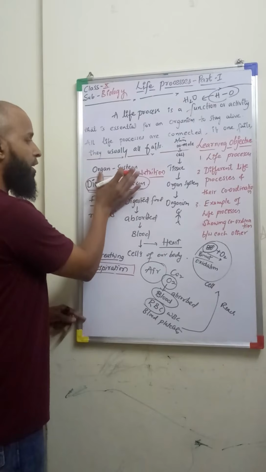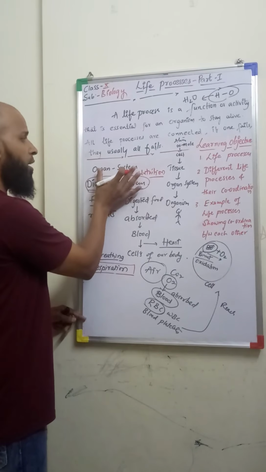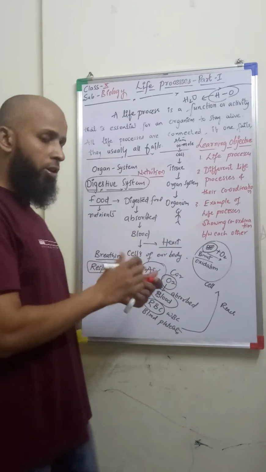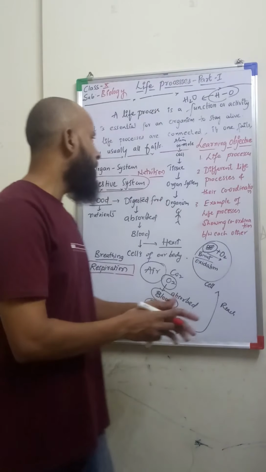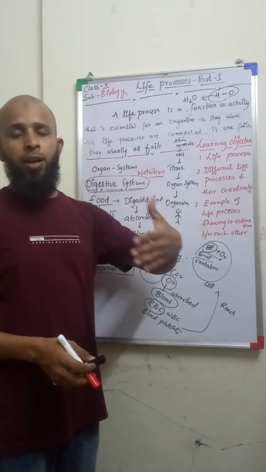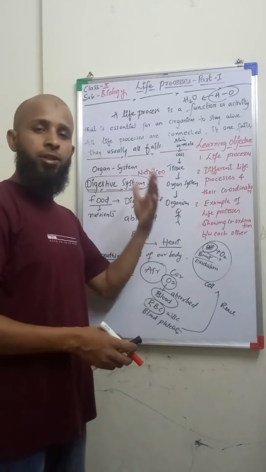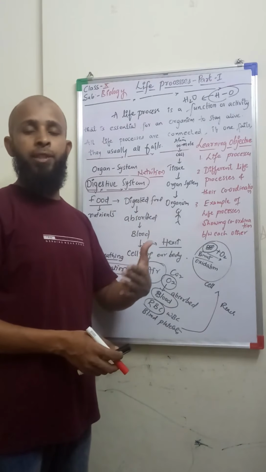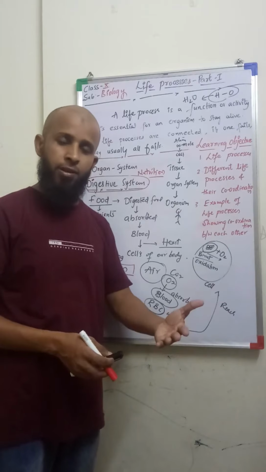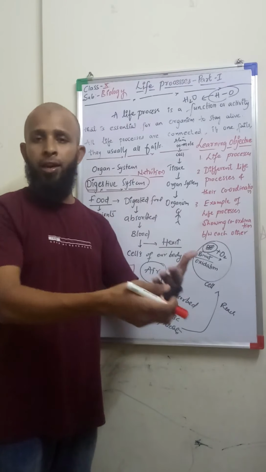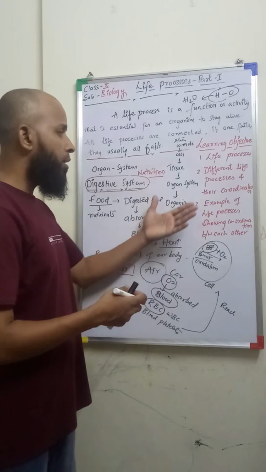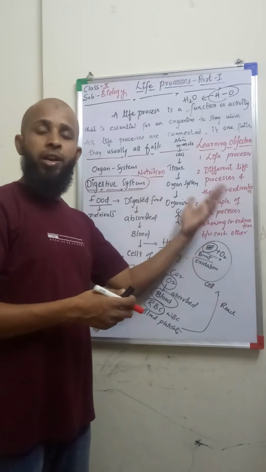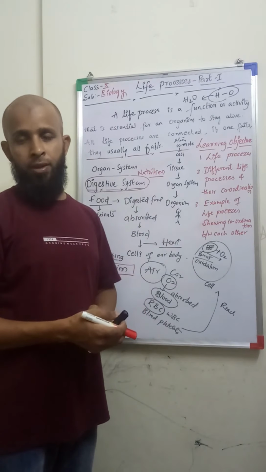Okay, here different organ systems, as I said, have their unique functions. Individually, independently, each and every organ system performs its functions and carries on its task. But they coordinate with each other.